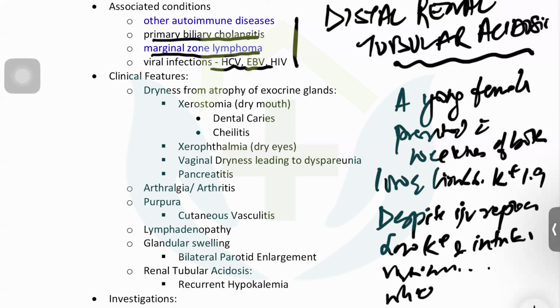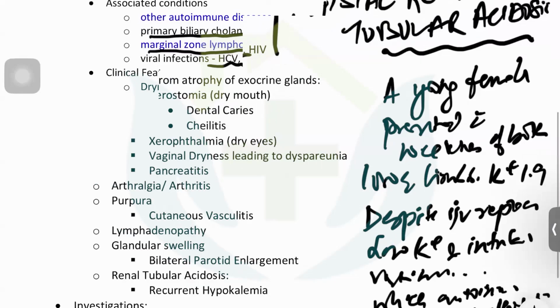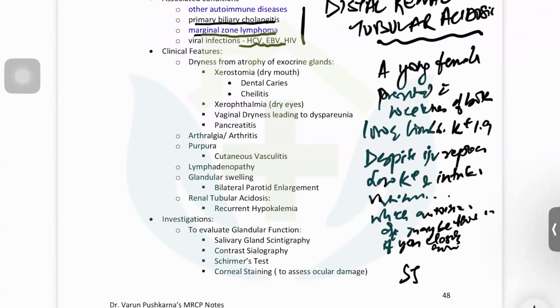Which autoimmune disorder may be there in this patient if you look closely enough? So the answer is Sjogren syndrome. Why? Because distal tubular acidosis will lead to persistent hypokalemia unless you treat this patient with steroids.